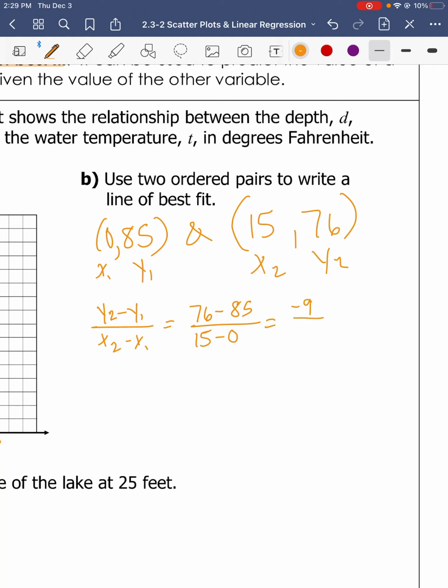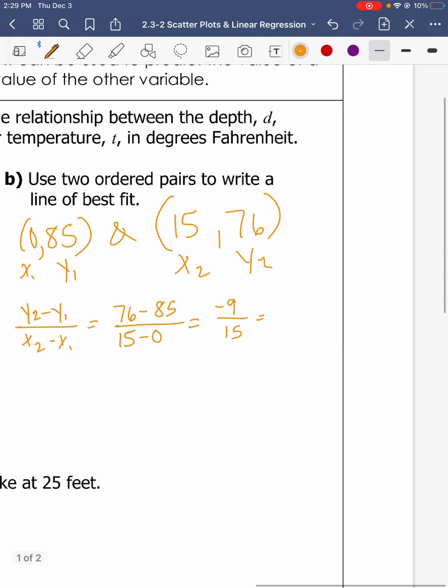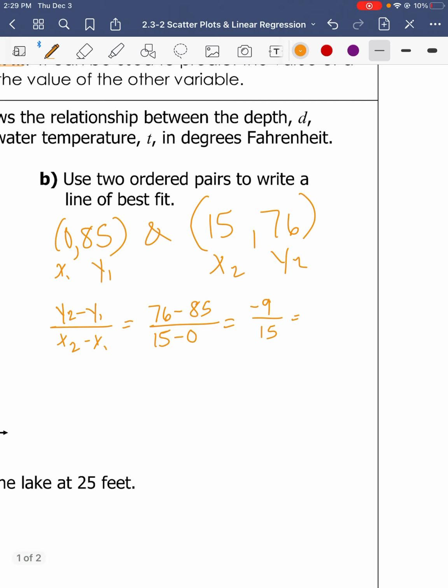Negative 9 over 15 minus 0, which is 15. This is negative, which we expected because our slope is negative here. Then we can reduce these by dividing each by 3, so negative 3/5 is our slope.